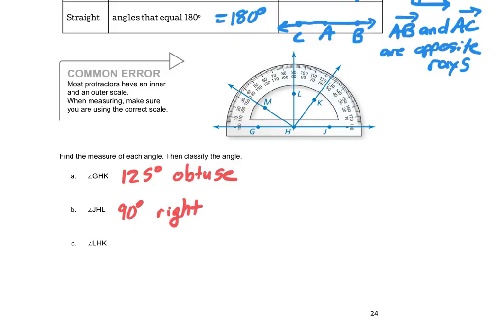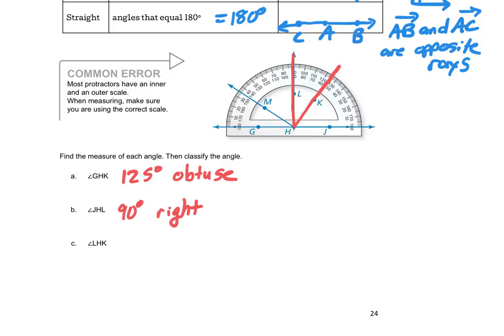Okay, LHK. Now here's where it gets a little bit trickier, because we're not going off the bottom, so I'm not just working my way around. In this case, it really wouldn't matter which number I used necessarily.